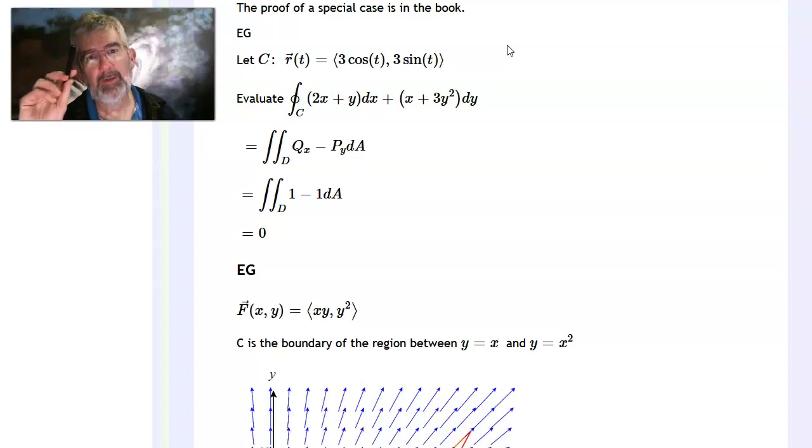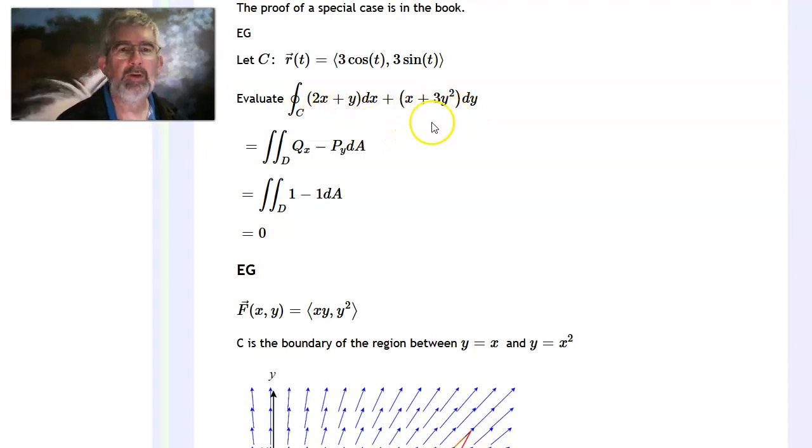So as I go around, the exterior is to my right and the interior is to my left. So that's positive orientation. And what I want to do is evaluate the line integral around that curve of 2x plus y dx plus x plus 3y squared dy. So I've just chosen a vector field where P is 2x plus y and Q is x plus 3y squared.